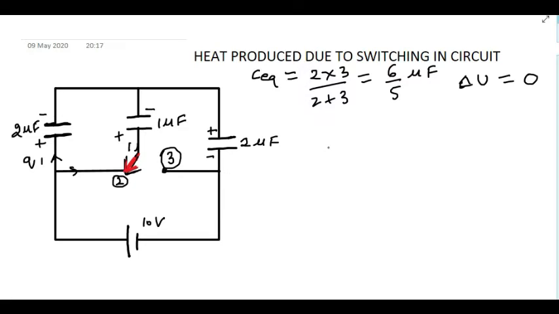Q1 is equal to, that is C equivalent, meaning we have to find the total charge.